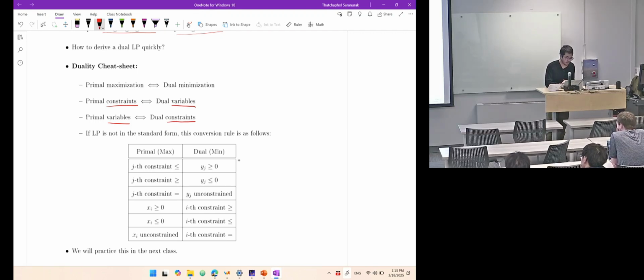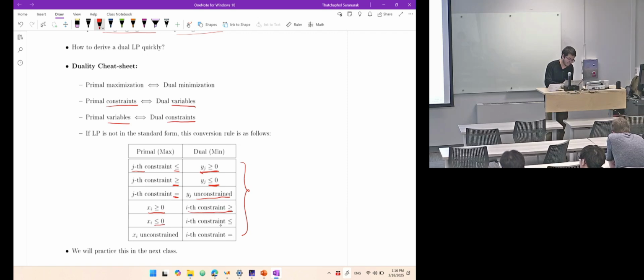And if the LP is not in standard form, like if the jth constraint is at most, this is standard form, so you get this. If the jth constraint is at least, then you get this. If it's equality, then it's unconstrained. If the constraint on x_i is at least 0, then you get that the ith dual constraint is this one.